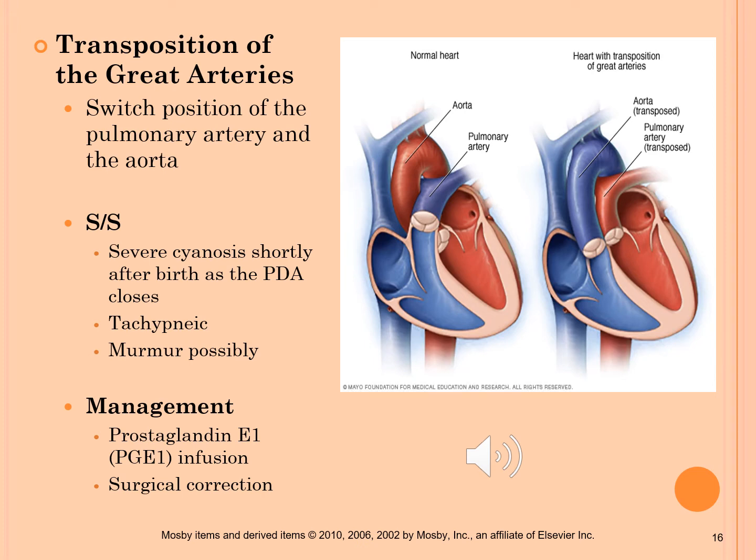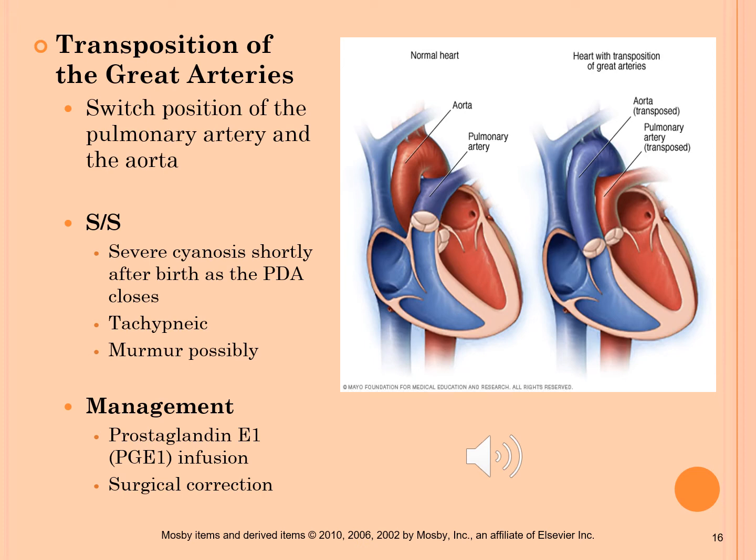In normal circumstances, think about what's supposed to happen. We've clamped that cord, they take their breath, and that PDA starts to close. Only in this situation with transposition of the great arteries, we don't want that to happen, right? If we don't know anything about this defect ahead of time, we're going to see severe cyanosis shortly after birth because that PDA is trying to close.